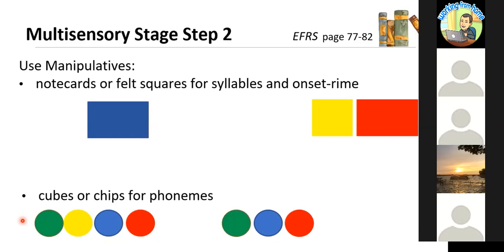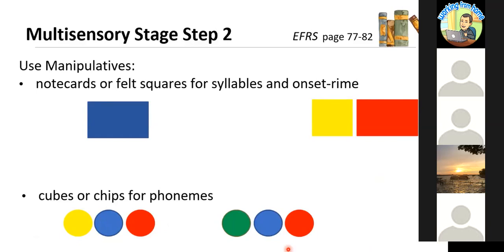So if I was trying to get students to just segment, I would just have them tap the chips or move the chips into those sound boxes. There are different ways you can do this. But let's say we're doing the word track. T, r, a, k. They could tap it, they could pull the chips down. And then if we want to do a deletion, we would say track without t and take away the chip. So track without t is rack.